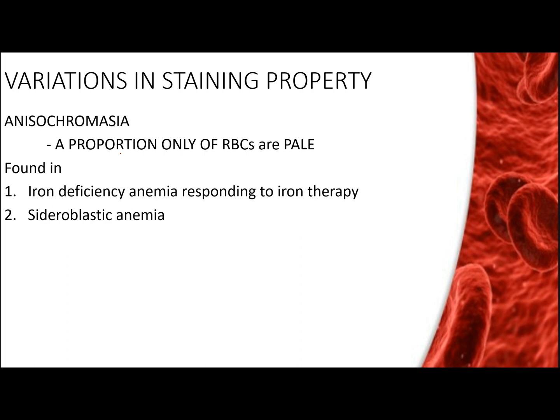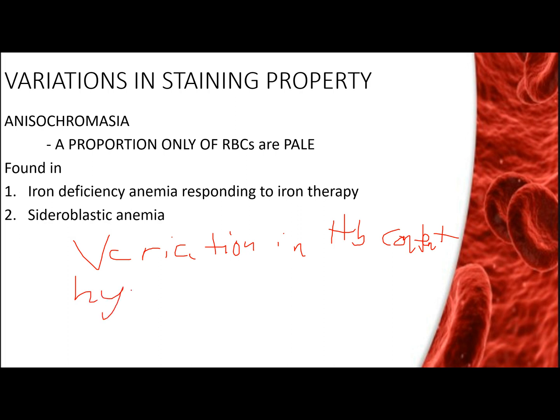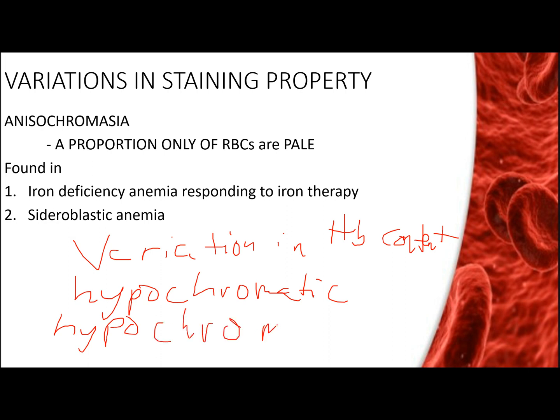So I think class naintindihan nyo naman yung difference ng variation in hemoglobin content, di ba? Kapag hemoglobin content, it would be hypochromatic. Kapag another variation naman sa staining property, meron siyang hypochromasia.